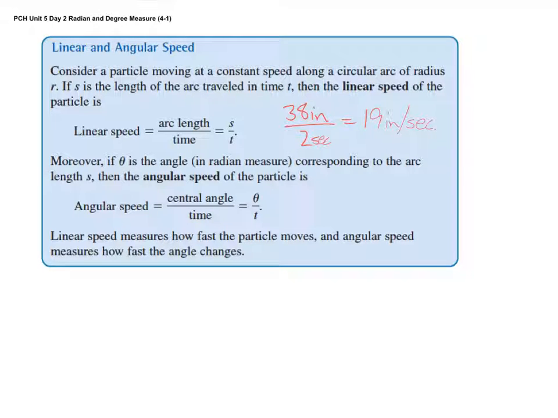So it's a pretty simple concept, but I just want you to see this as another application. Another thing we can tell is how fast the angle is changing. That's kind of an interesting one here. How fast the angle is changing. And here we have the central angle divided by time, the angular speed.